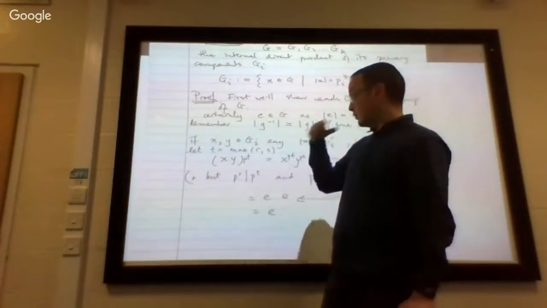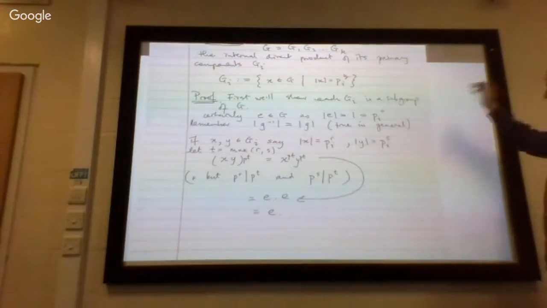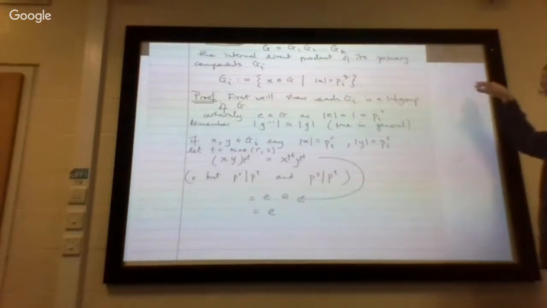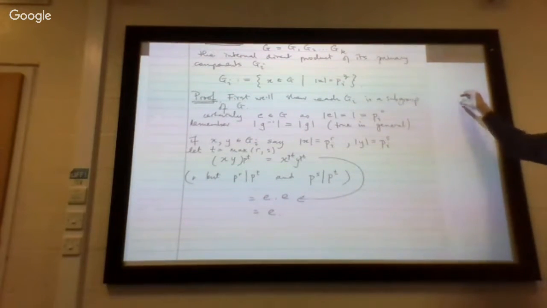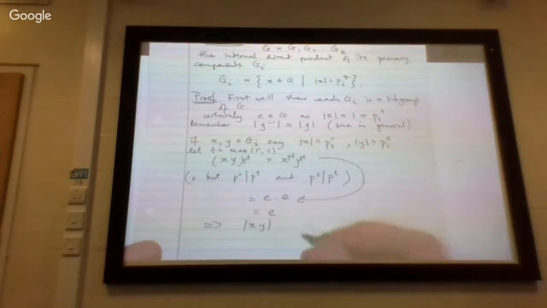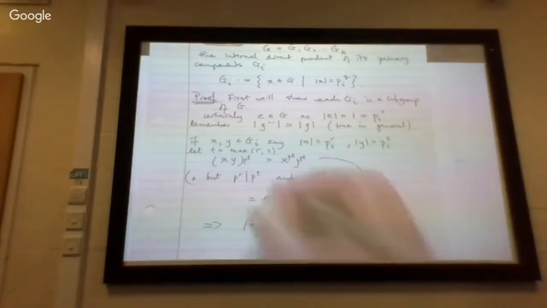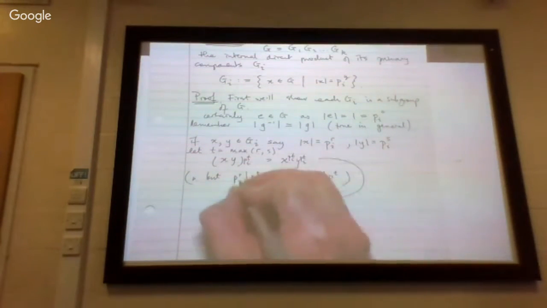Because remember, whatever order an element has, the only way you can get that element raised to some power equal to the identity is if the power is a multiple of that. So that implies the order of xy divides p to the t. Sorry, that was all p_i, I keep forgetting my subscript i.